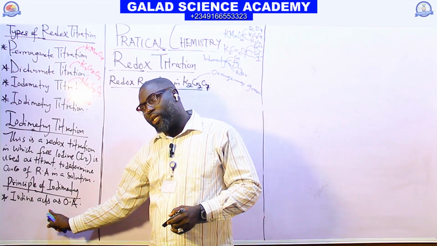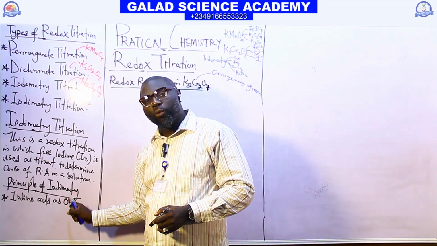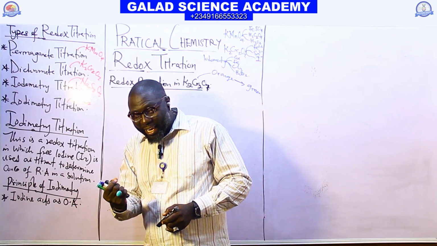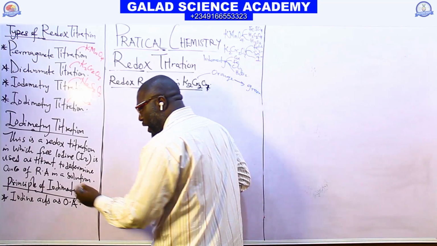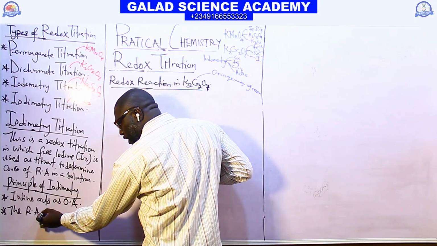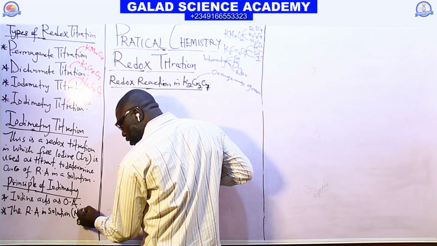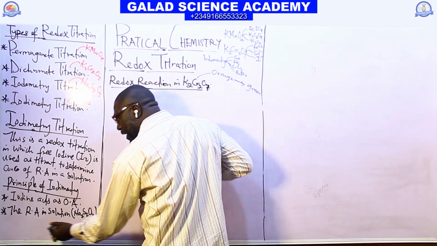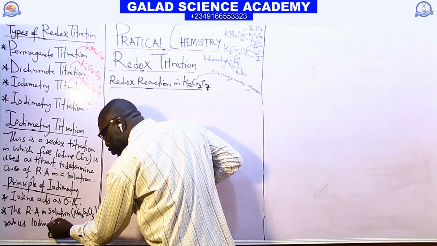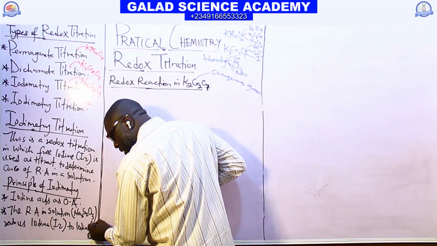So here iodine acts as oxidizing agent, and the reducing agent in solution is sodium thiosulfate. It reduces free iodine, which is I2, to iodide ion, which is I minus.